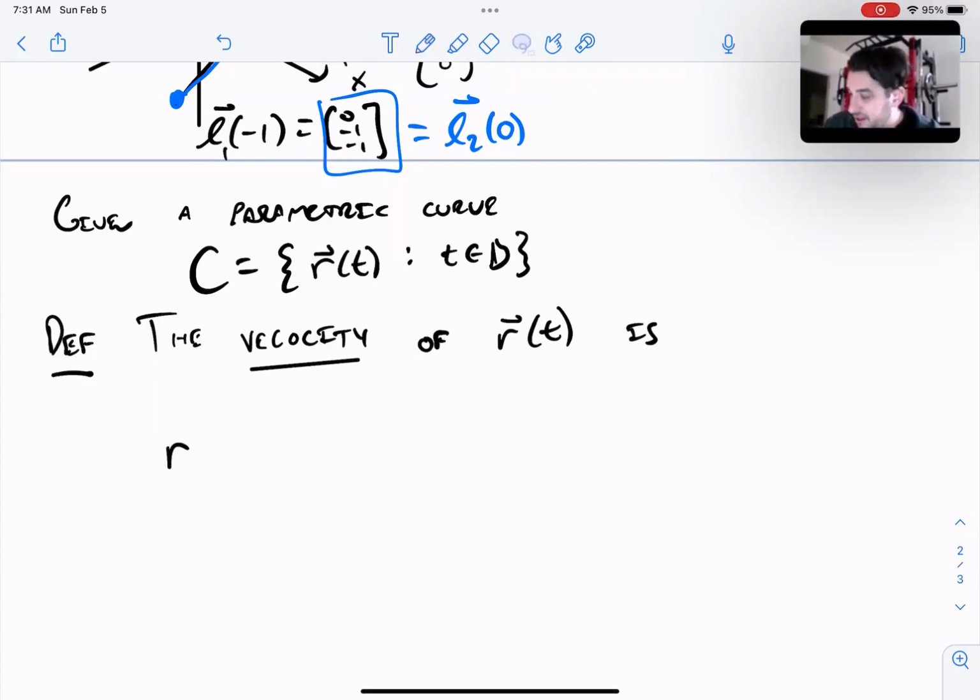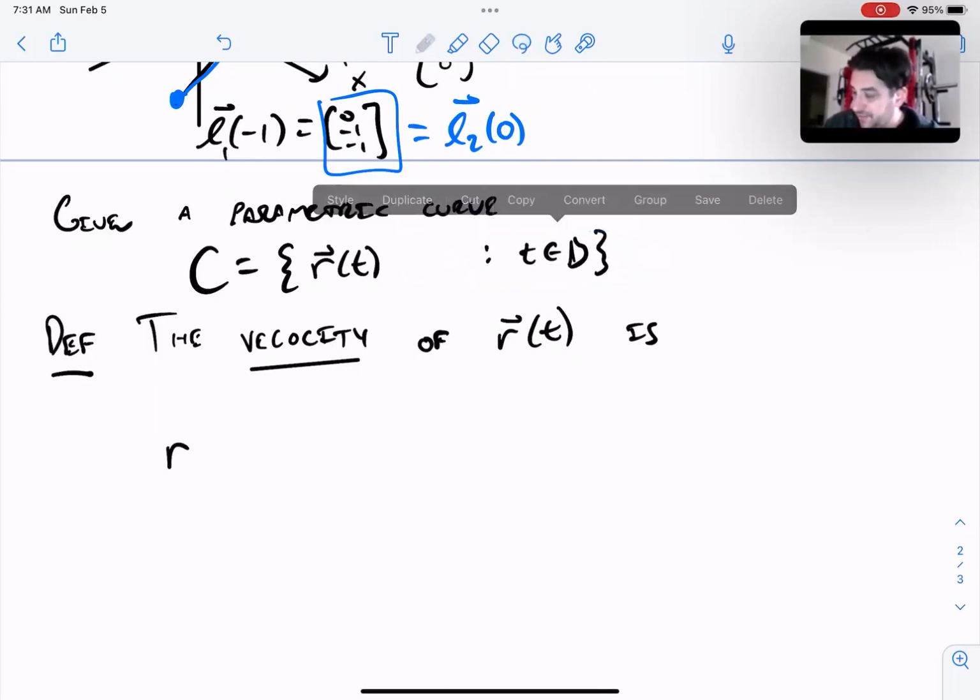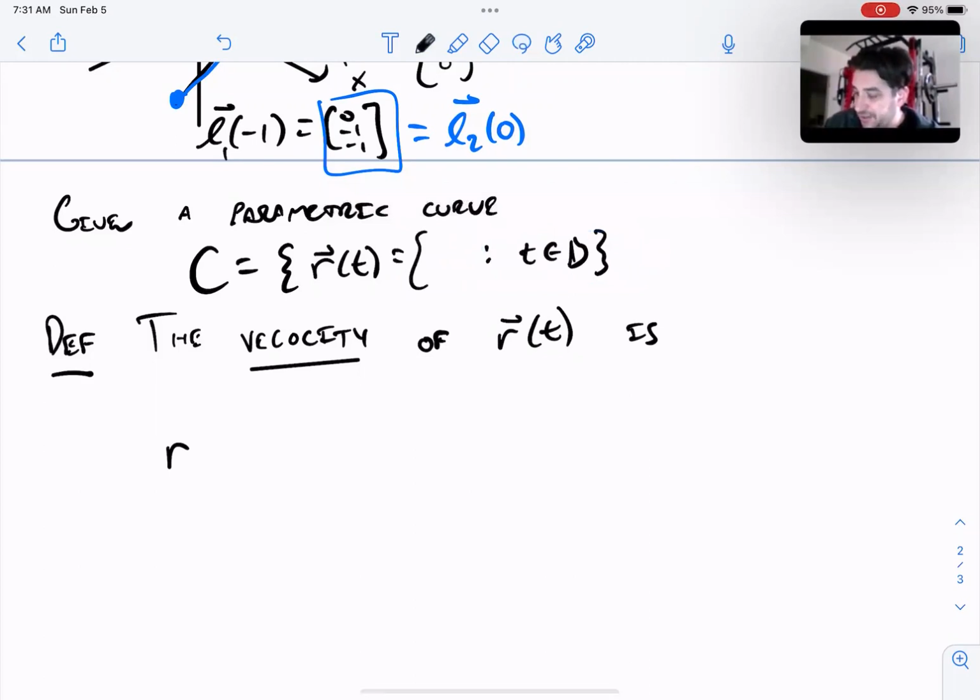And here I'm going to define all of this in 2D, but you can actually do it in any dimension. All of these formulas are the same if you're in 3 dimensions, 4 dimensions. You just keep adding more terms, right? So the velocity is just the component-wise derivative.